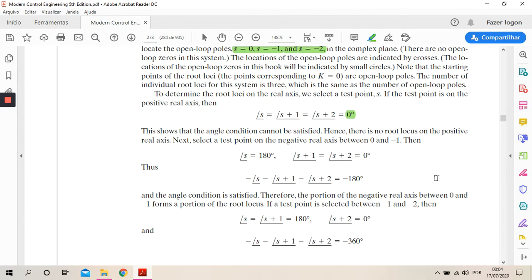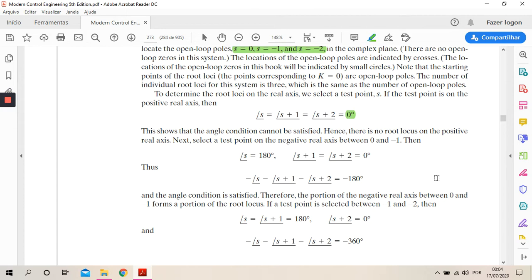Next, select a test point on the negative real axis between 0 and negative 1. Then the angle of s is 180 degrees. The angle of s plus 1 is equal to the angle of s plus 2, which is 0 degrees.